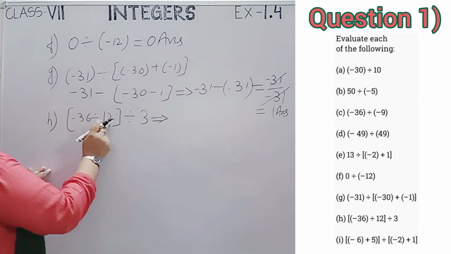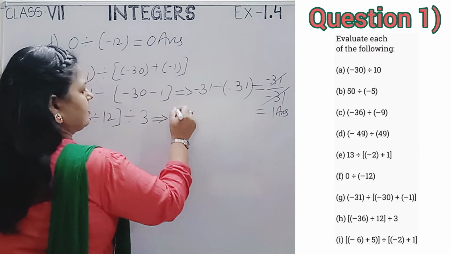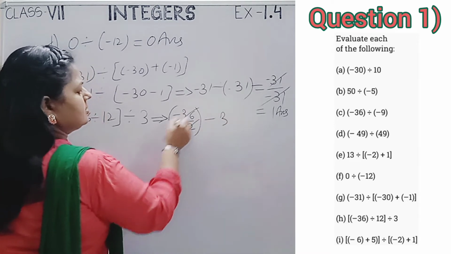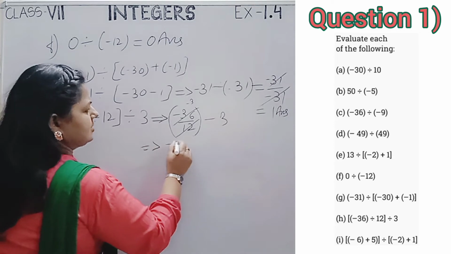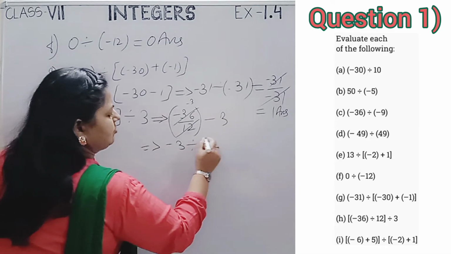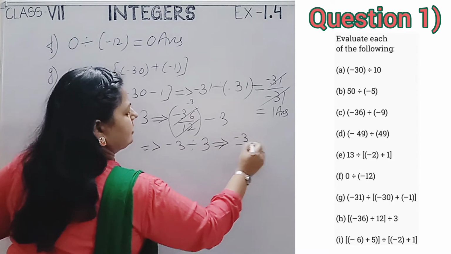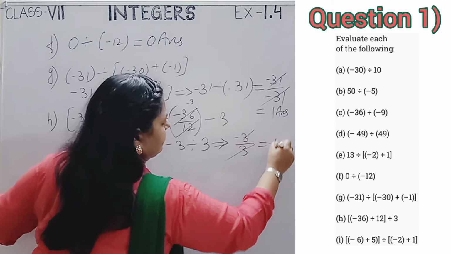Minus 36 divided by 12, cancel out, minus 3. Now we have minus 3 divided by 3. So come to the next step, minus 3 divided by 3. Cancel out, and we have minus 1.